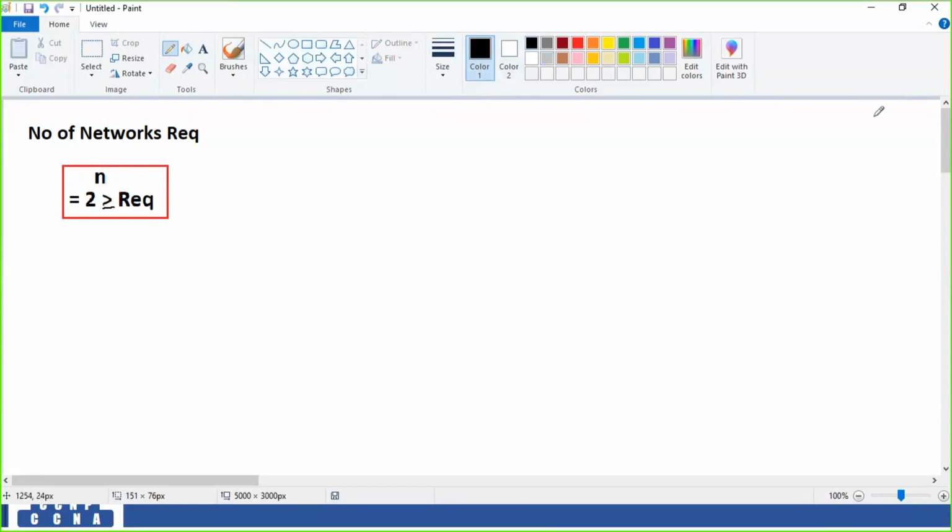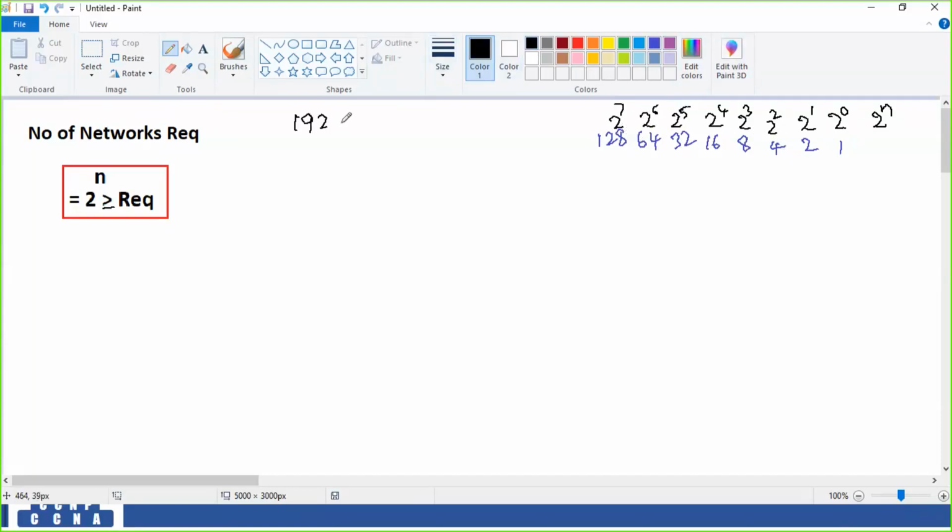So let us take the 2 power n values. 2 power 2 is 4, then 8, 16, 32, 64, 128.